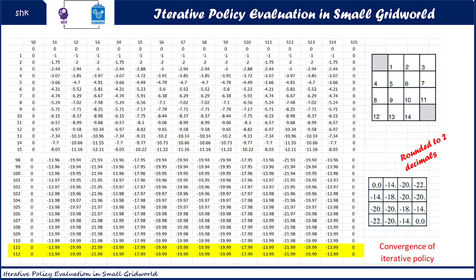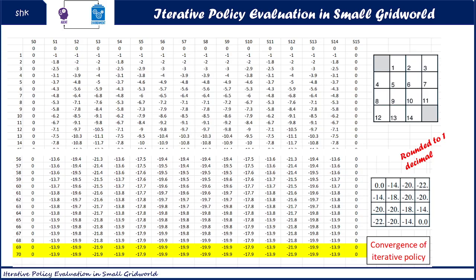If you round to 1 decimal, we get the convergence in the 69th and 70th iterations. So this is the procedure for iterative policy evaluation in the small grid world.